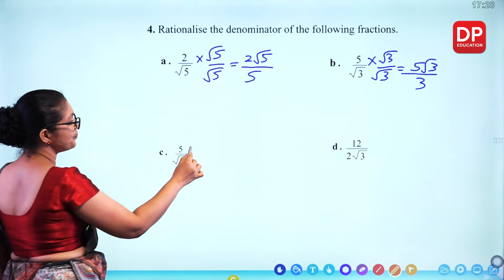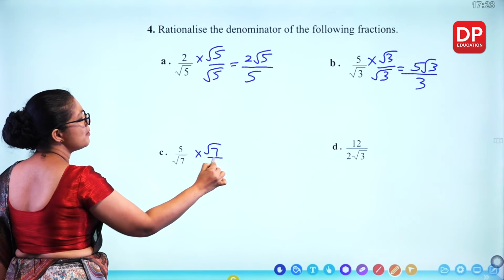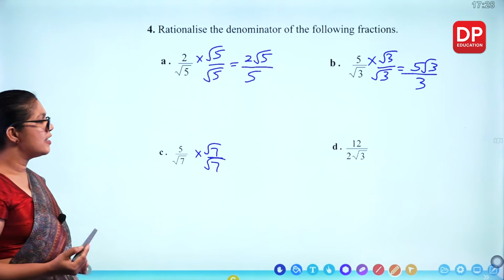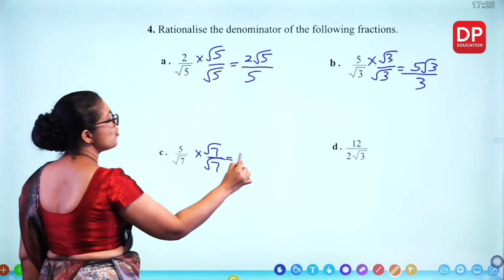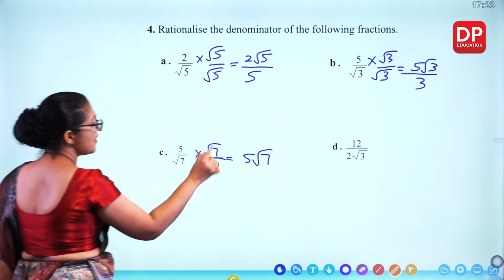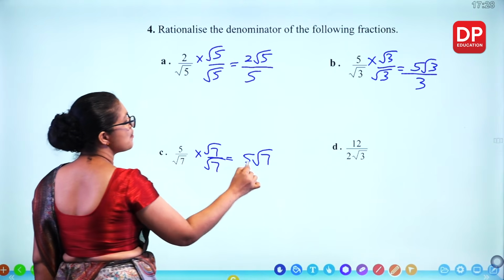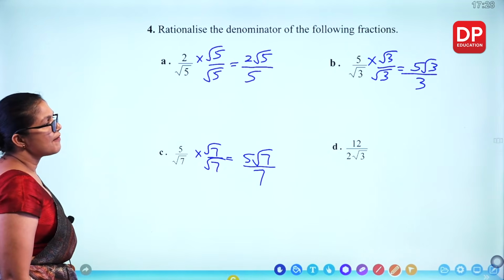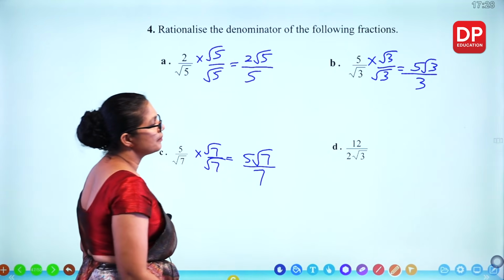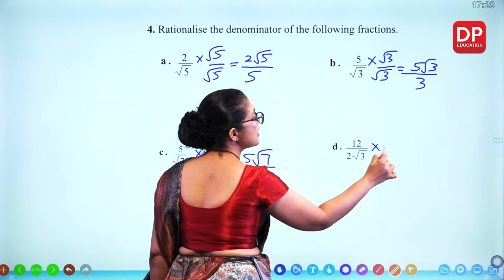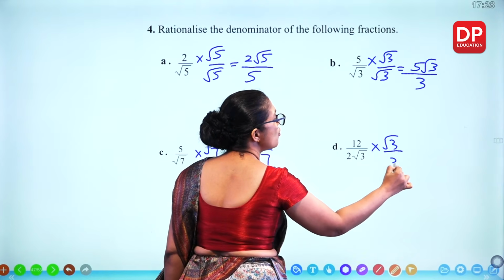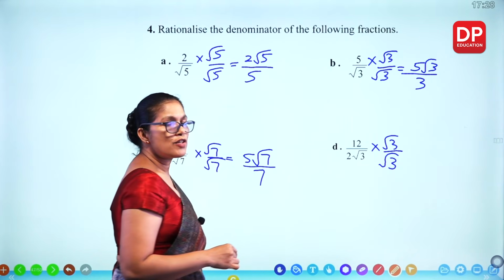5 root 3. Root 3 times root 3, you get 3. This one, multiply both the numerator and the denominator by root 7. So when you do that, you get 5 root 7. Root 7 times root 7 is 7. This one, you need to multiply by root 3. You don't need to multiply by 2.